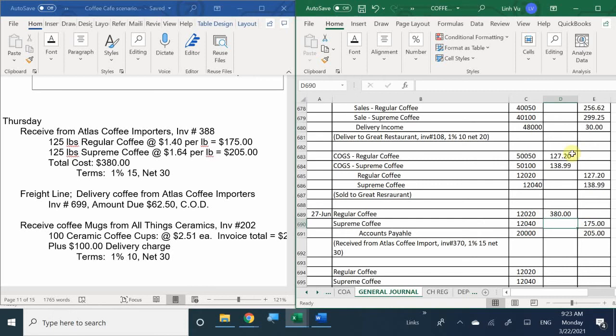Okay. Invoice number. $380. All right, are my terms the same? 1%, 15, net 30. Okay.